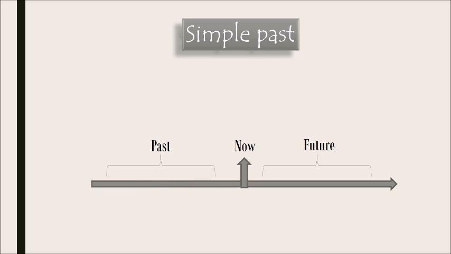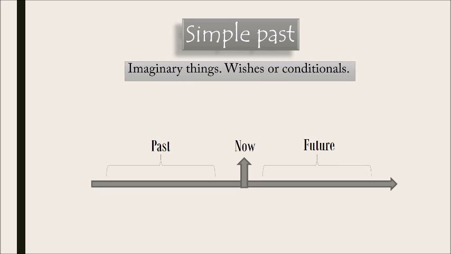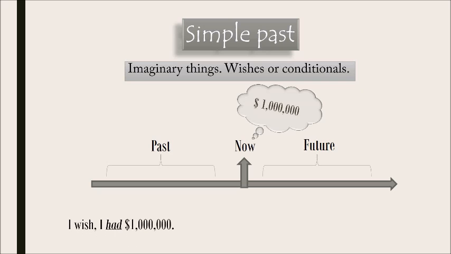We use simple past also with imaginary things, wishes or conditionals. For example, if I want to have $1 million, so it's now, but it's not real. To give the idea that something is not real, I use here the simple past. In wishes, I will say, I wish I had $1 million.